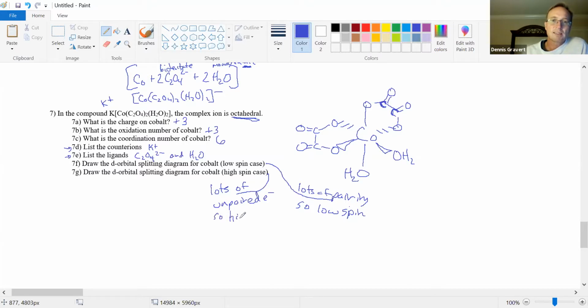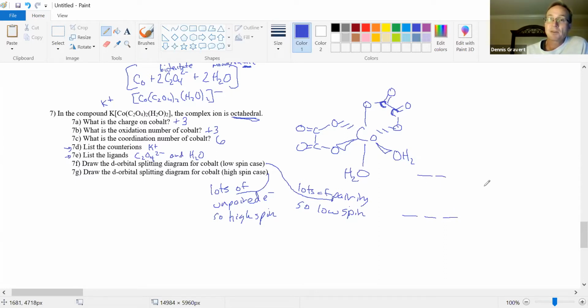So high spin. That's how I get these terms straight, because you've got your strong field and your weak field, but the strong field produces low spin. Everything's opposite in chemistry. So low spin, lots of pairing. That means you have 3 down low and 2 up high.